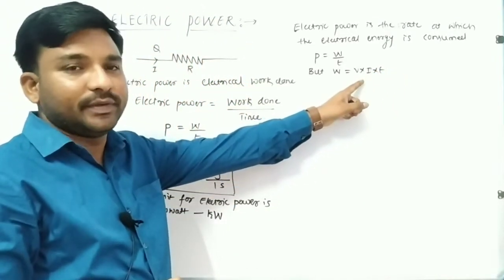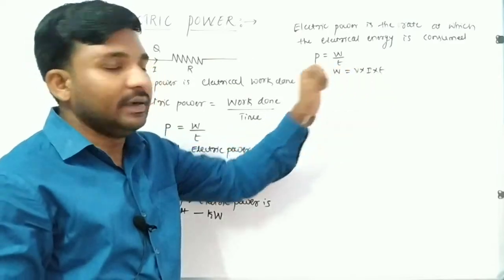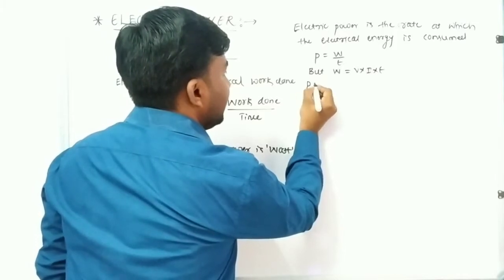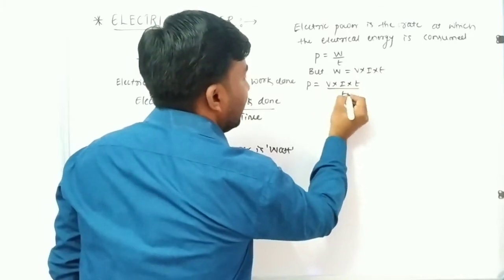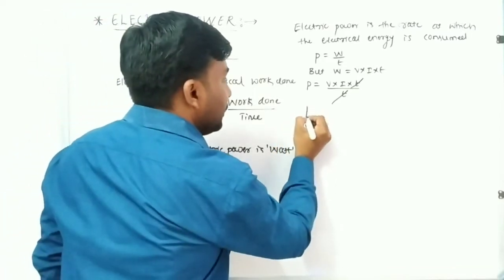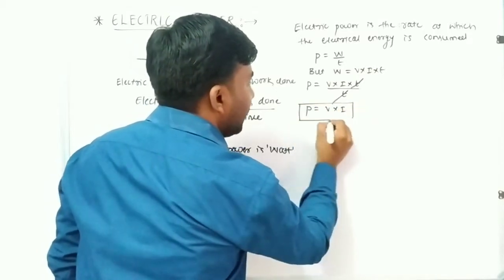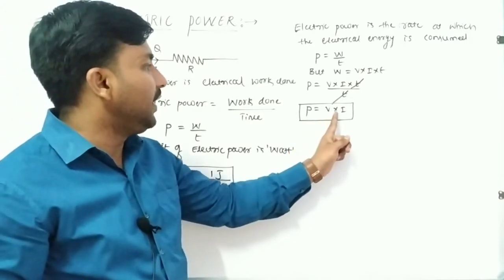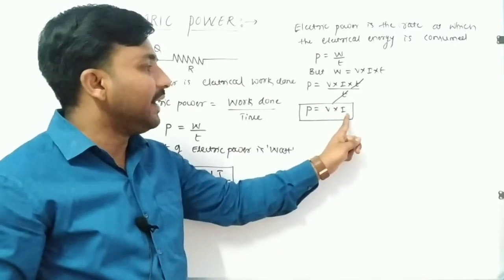Now put this value in the above formula, that is P is equal to V into I into T divided by T. This T, both get cancelled. So P is equal to V into I. So here we got one more formula for the electric power, that is P is equal to V into I. We can say that electric power is the product of voltage and the current.